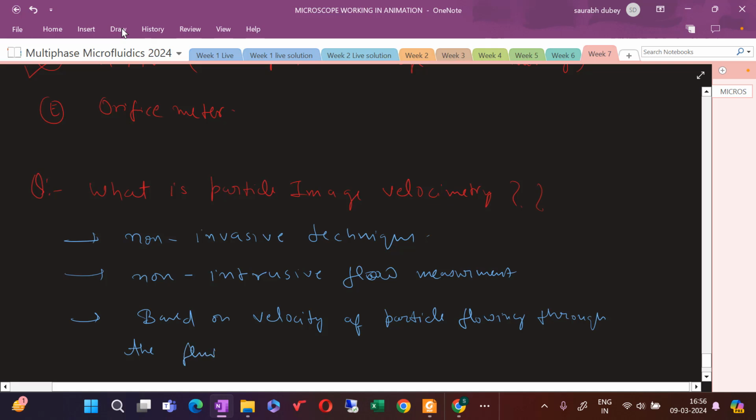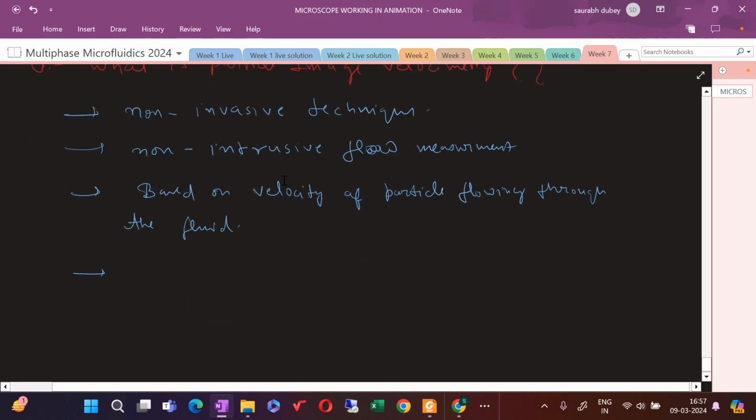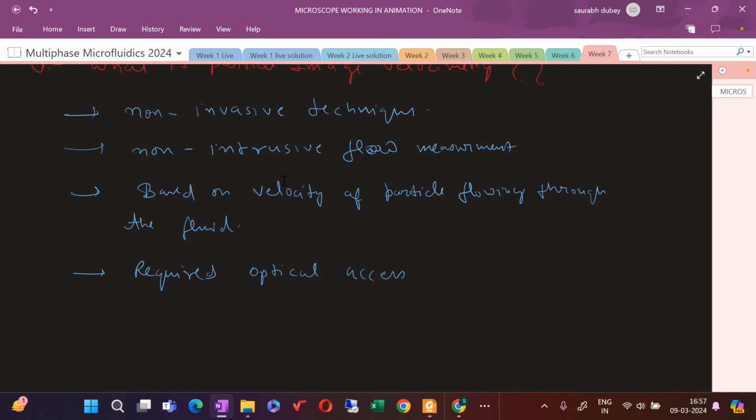And the next is that it requires optical access to the channel for measurement.